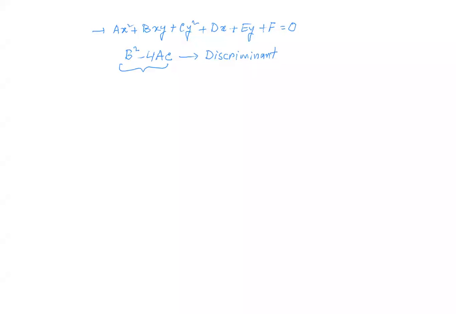So let me write it down. Number 1, if b square minus 4ac is equal to 0, then what you get is a parabola.